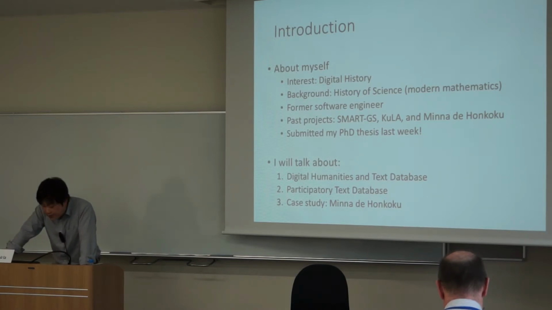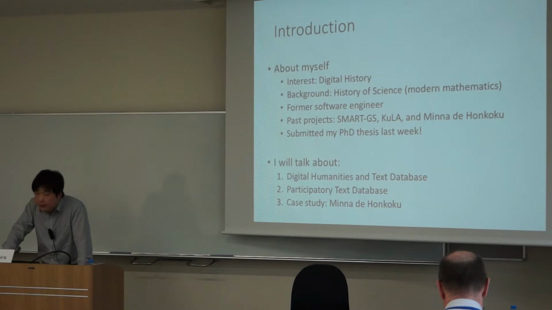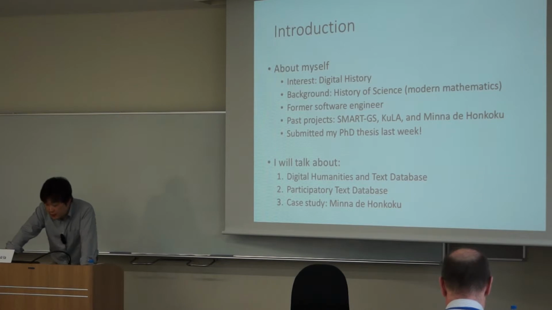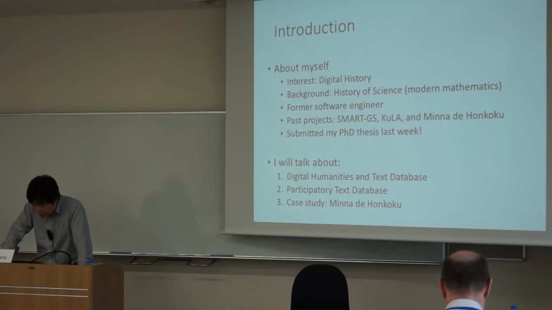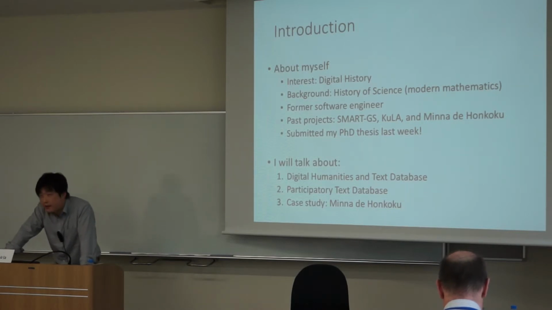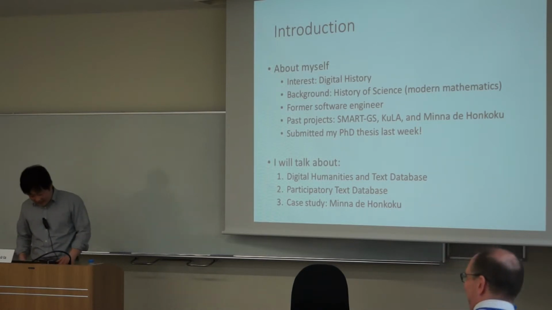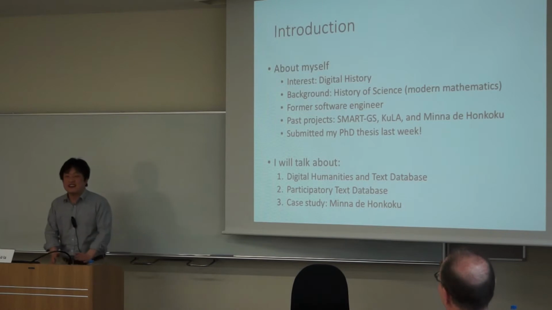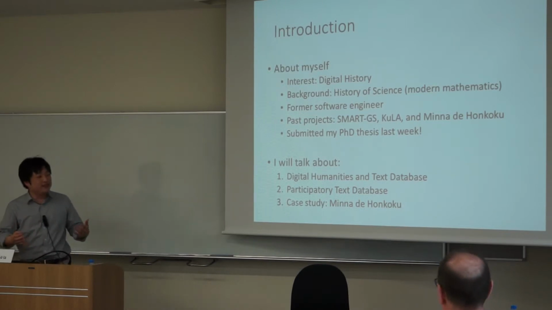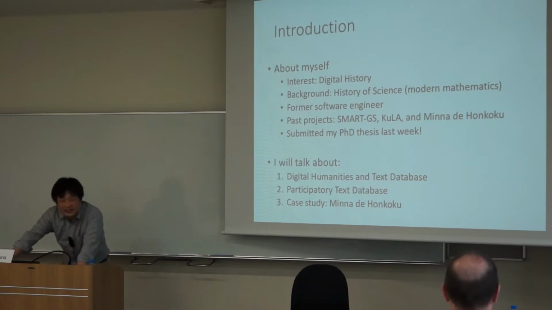I originally majored in history of science and got a master's degree in this field before starting my research in the field of digital humanities. While my background is history, I had worked as a programmer in a private company for 3 years after I got a master's degree. Also, I finally submitted my PhD thesis last week. So I haven't gotten the PhD yet.